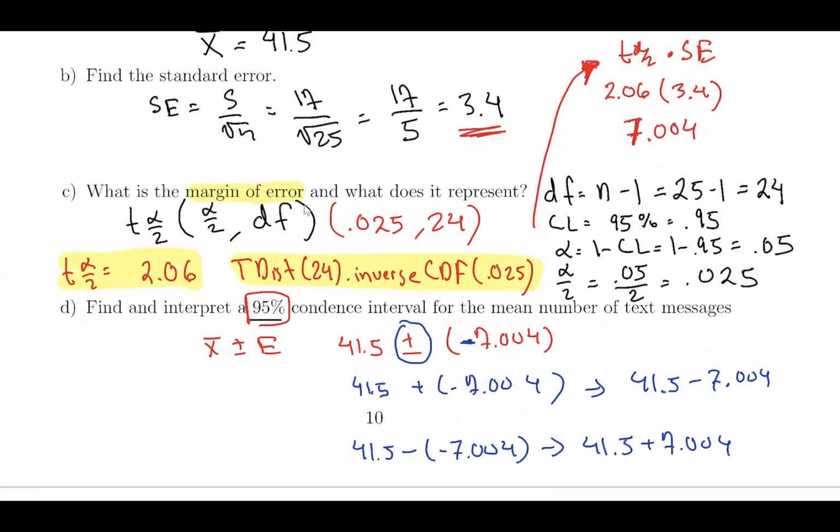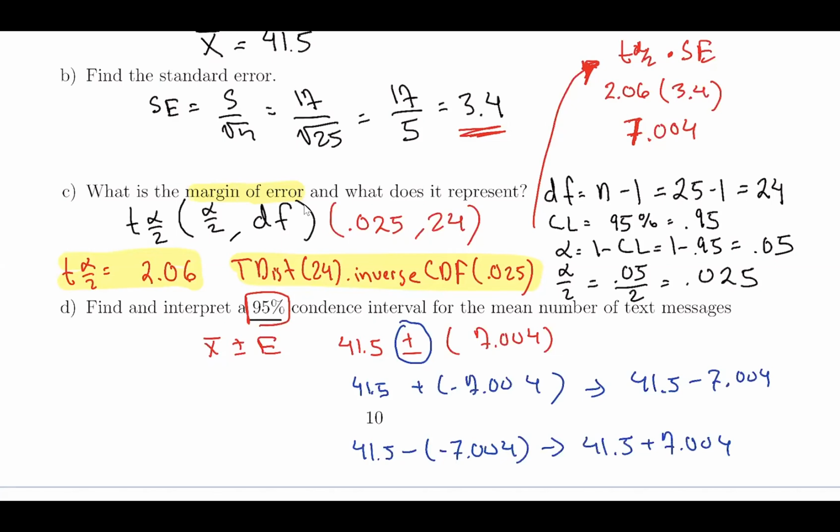So you're at the same spot you would have been if you just didn't put the negative. Since it's plus or minus, putting the negative doesn't change anything, because you're still going to get 41.5 minus 7.004 and 41.5 plus 7.004.